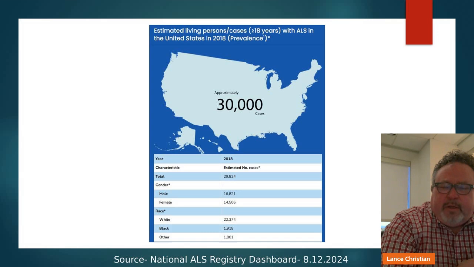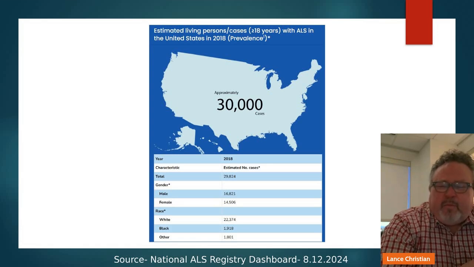Interestingly enough, I'll share with you, there was a recent publication by the National ALS Registry that started to look at this expected prevalence of 30,000 people with ALS. In the most recent paper, they were able to publish state-by-state data in the United States that looked at the prevalence rates in every US state.